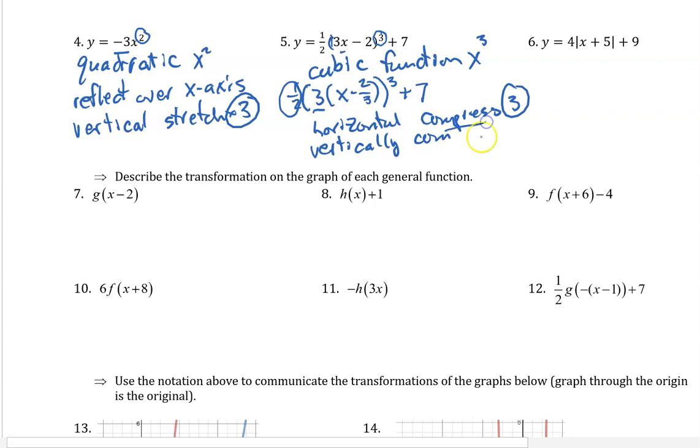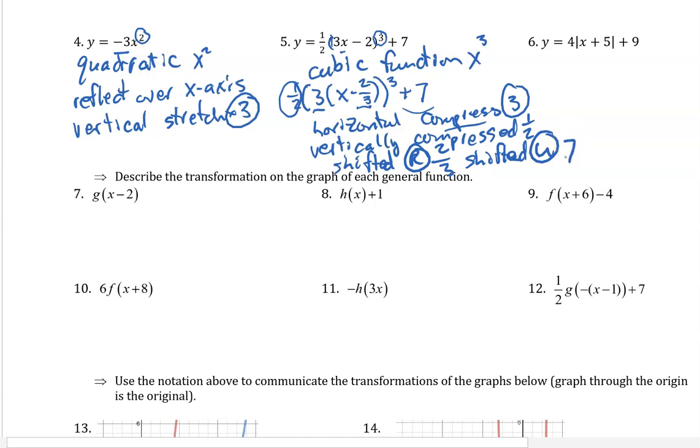So it gets skinnier and shorter by a factor of 1/2. And then h is x minus h, so it is shifted right by 2/3. And then we have a plus 7 at the end, so it is shifted up 7.